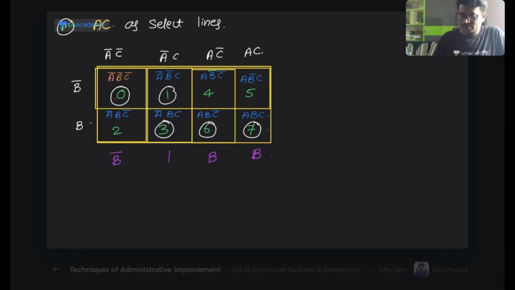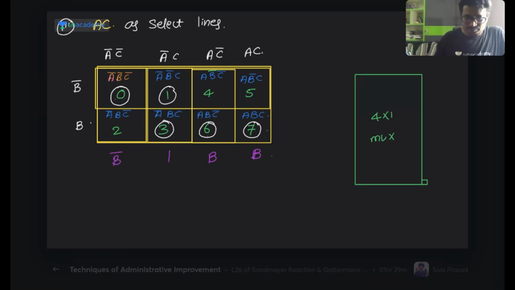Now implement it here. This is a 4 by 1 mux, with inputs 0, 1, 2, 3 and select lines S1 and S0. We have one output. Given here, this is A, this is C. Now what are the input connections I should give here?